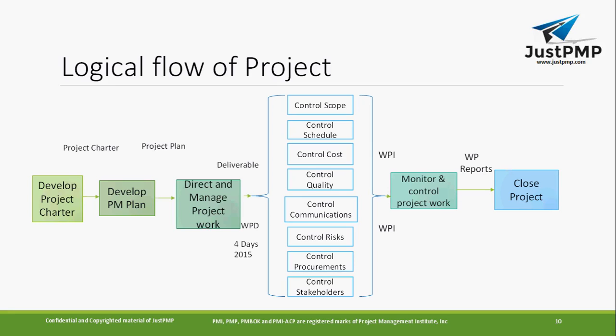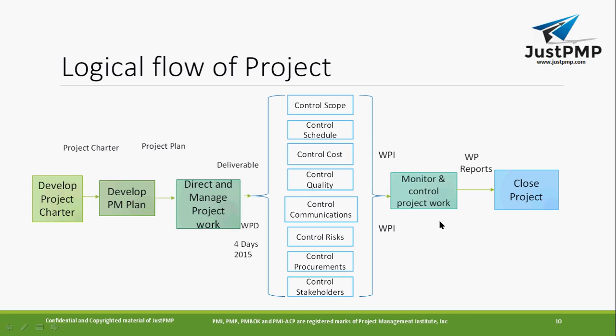Control scope is a control process, and when it takes the deliverables and the work performance data as input, it will give you work performance information. Work performance information is nothing but your status information. For example, here my scope was this needs to be done, but that has not been completed. You can say only 90% is completed, or on timing, or 10% of the budget has been utilized. This becomes your work performance information.